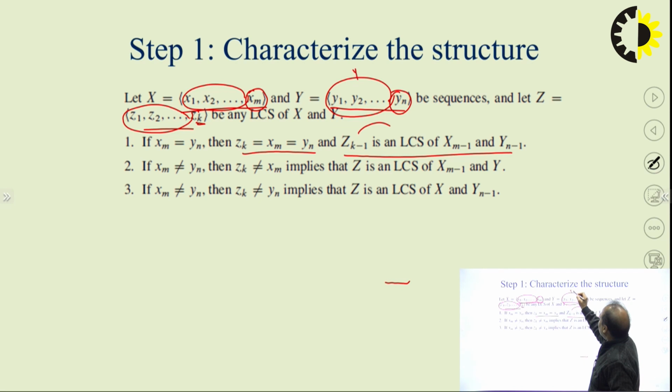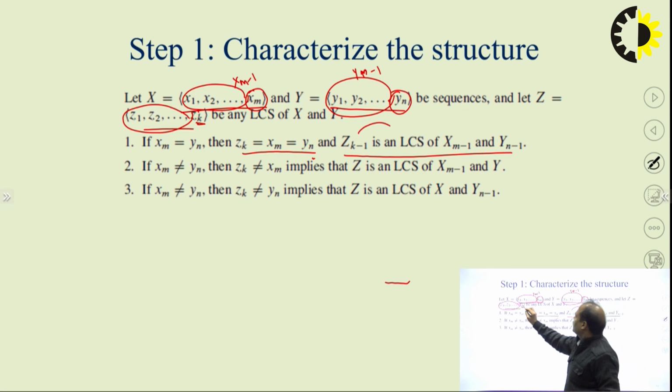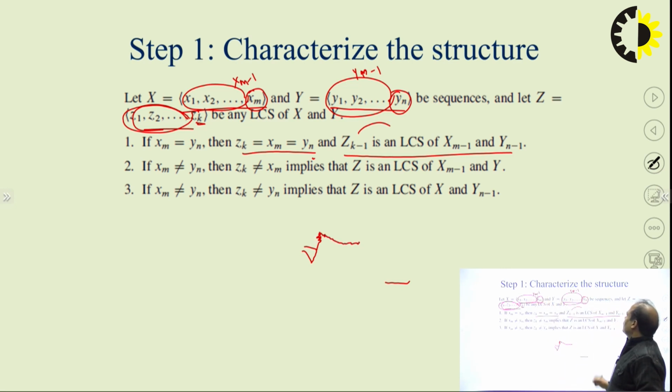So we are looking for Z1 to Zk-1 as the LCS of Xm-1 and Yn-1.